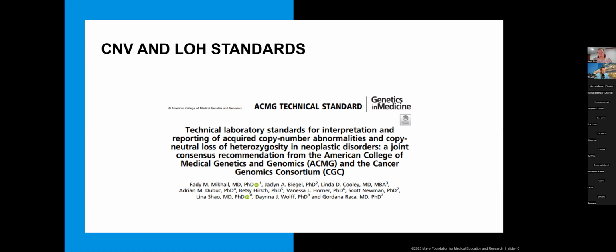And this was a collaboration, like I said before, between the Cancer Genomics Consortium, or CGC, and the American College of Medical Genetics and Genomics, ACMG. And they came up with some recommendations and standards for reporting somatic copy number abnormalities and copy neutral loss of heterozygosity.